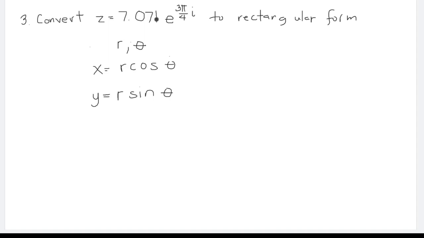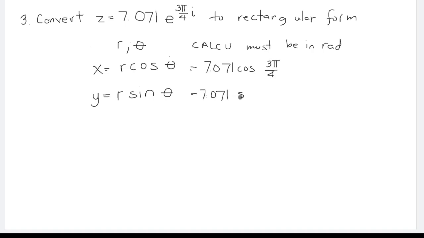Again, we are dealing with exponential form, so our calculator must be in radian. So we just substitute the value of r and theta. That is 7.071 cosine 3 pi over 4, and your y is 7.071 sine 3 pi over 4.